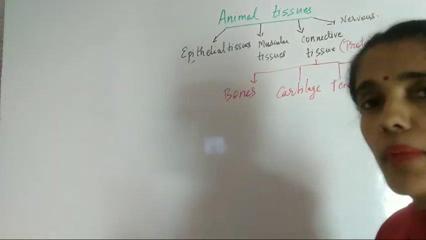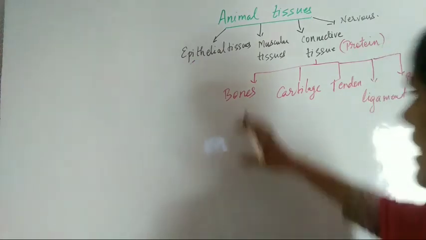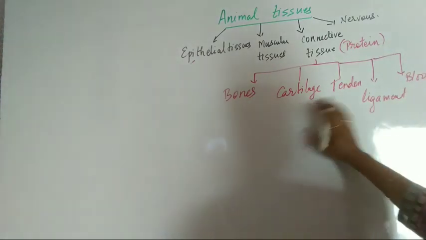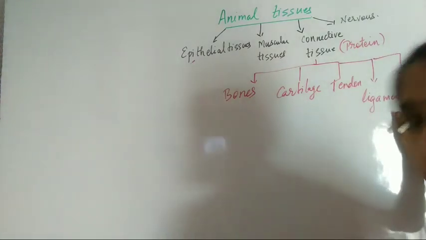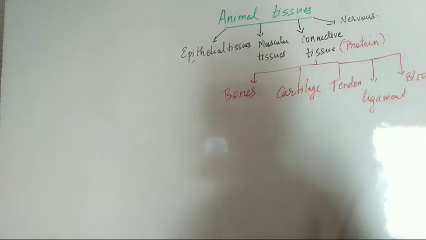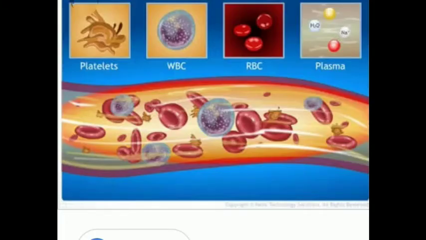Okay, it is mainly composed of proteins, and bones, cartilage, tendons, ligaments and blood are all connective tissues. In cartilage, a semi-solid and semi-rigid matrix is present, and they are hard and flexible also. They resist strains.